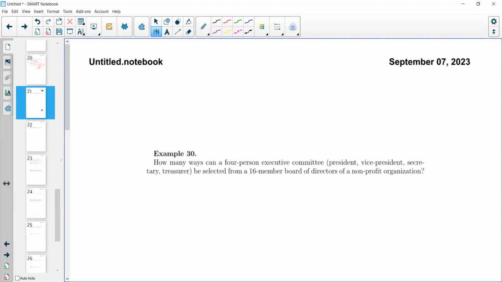So we can use our permutations. We have a 16-member board, and we're choosing 4 of them. So we set up our equation as 16P4, which is 16 factorial over 16 minus 4 factorial.